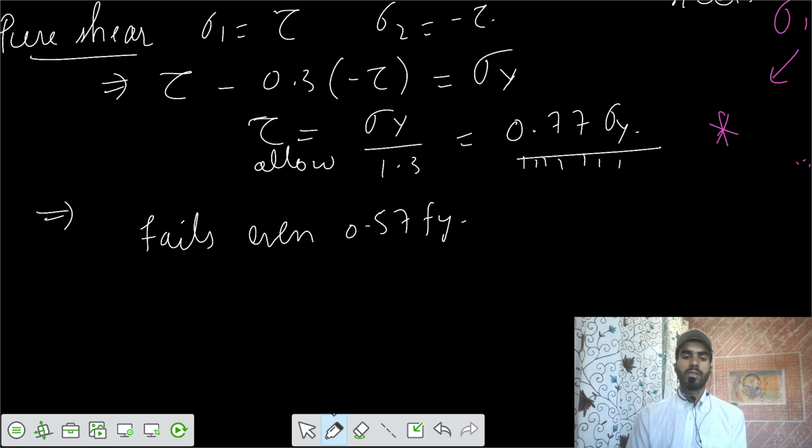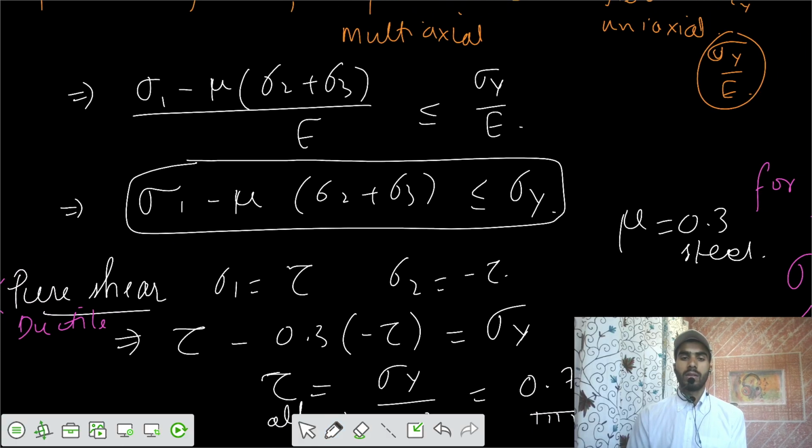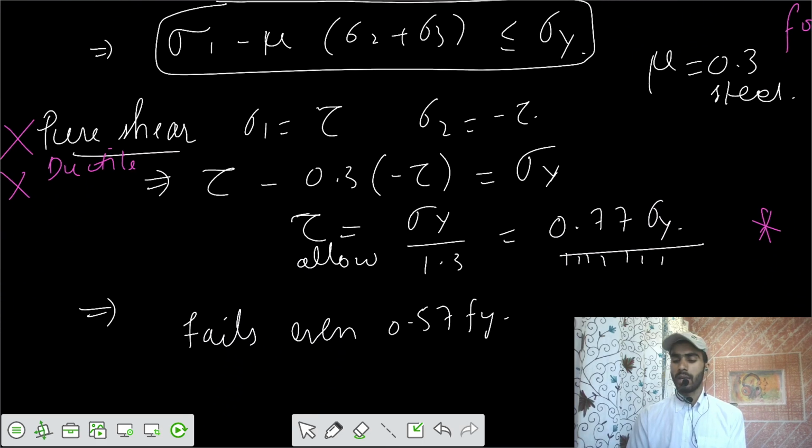So this method is not suitable for pure shear and ductile material.